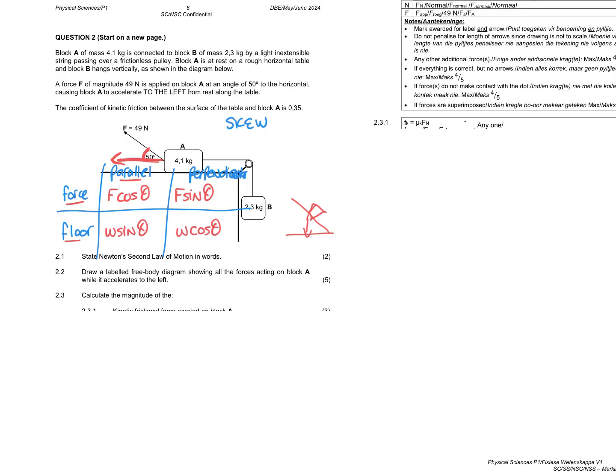and we knew we were going to use that formula because the question gives you mu. So if the question gives you mu, you know you're going to use this formula. The one that we write, that's on our formula sheet, is this one. So if we write that formula and then sub in the 0,35, we will be able to get a mark for it.